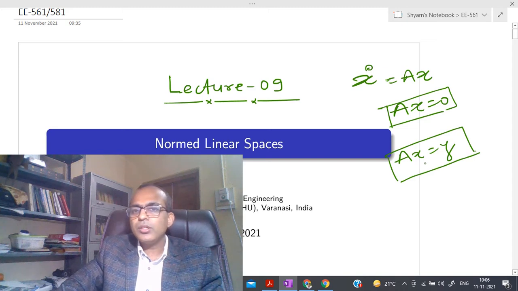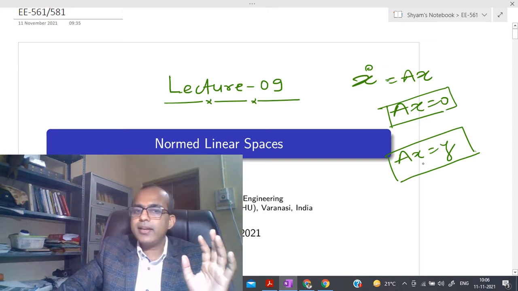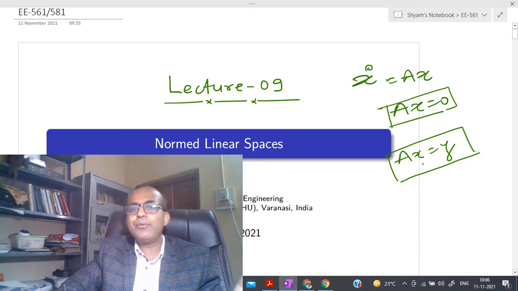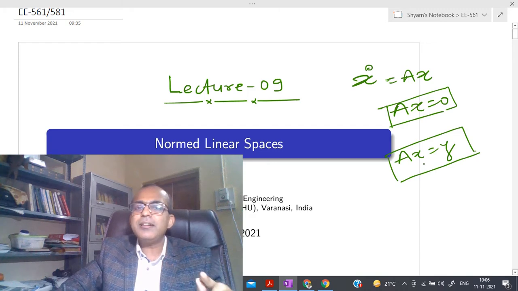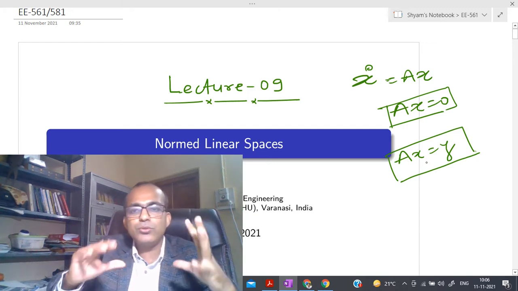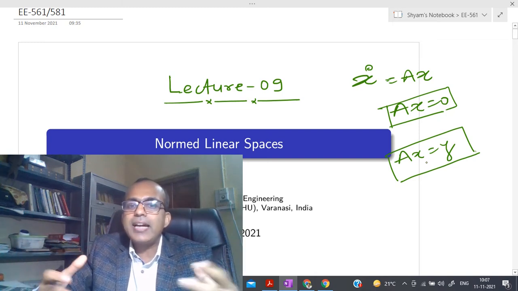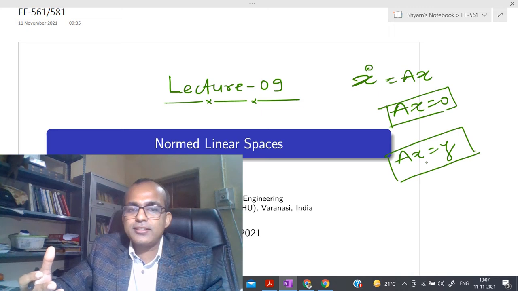So if you see the vector space carefully, it has given several beautiful concepts, like linear combination, subspace, basis, dimension, and these are pretty useful whenever we are dealing with a system. But one notion that is still missing, if you limit yourself to the vector space, is that I cannot define nearness, or proximity.